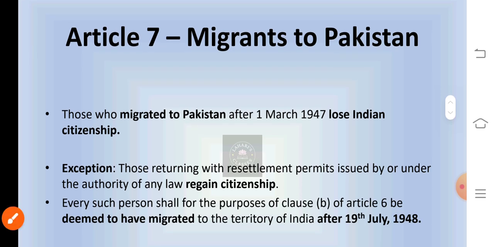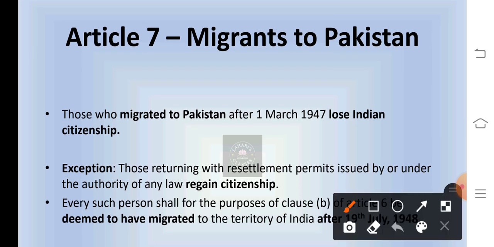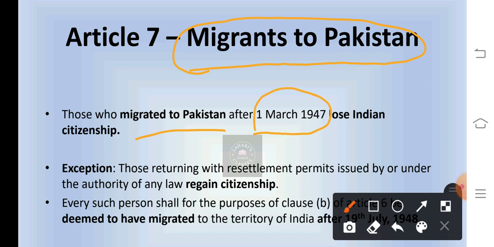Article 7. It is related to the migrants to Pakistan, from India to Pakistan. Whoever has migrated to Pakistan after 1st March 1947 will lose Indian citizenship. It is simple. Article 7 is nothing but whoever migrates to Pakistan and is willing to lose India's citizenship will automatically lose it.